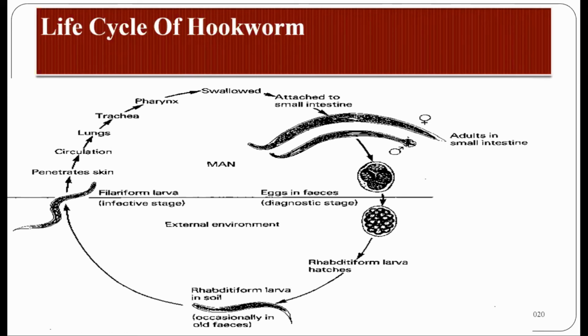Then this rhabditiform larva moults twice in the soil and develops into the infective filariform larva. This filariform larva is considered the resting stage, infective to us, and gains access through skin penetration, through the palmar and plantar regions.